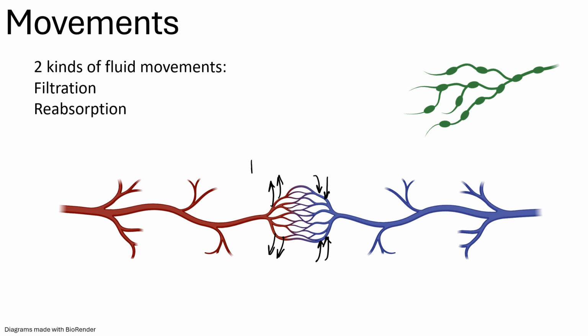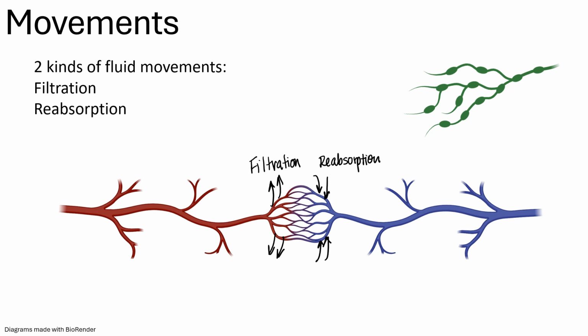There's filtration, which is this arrow pushing solutes and water from the capillary to the surrounding tissues. And then there's reabsorption, which is mostly just the reabsorption of water. And this reabsorption represents the attraction back into the capillary of those lost fluids. Not all of them, but most of it.